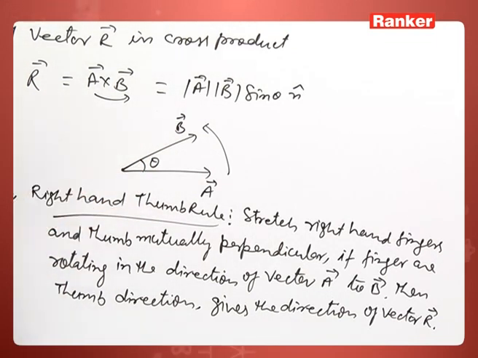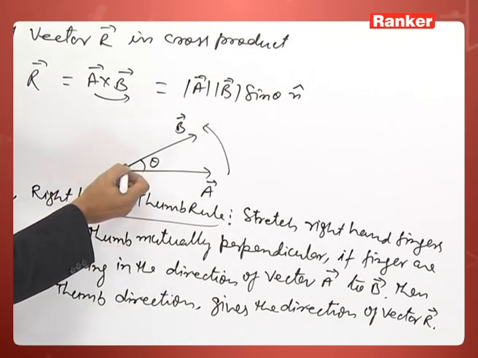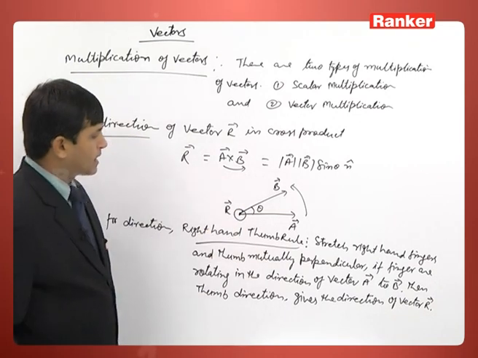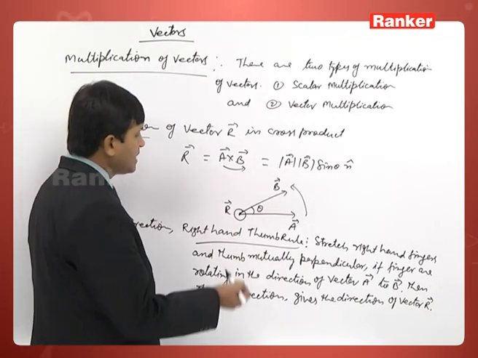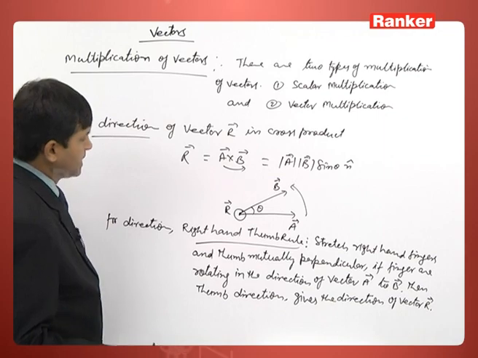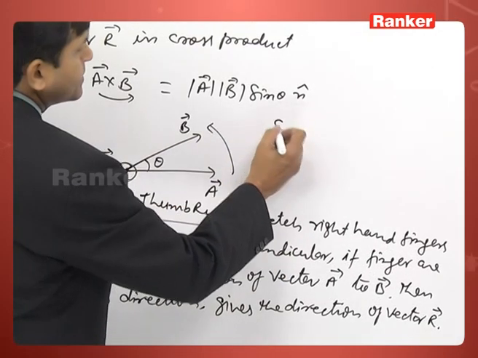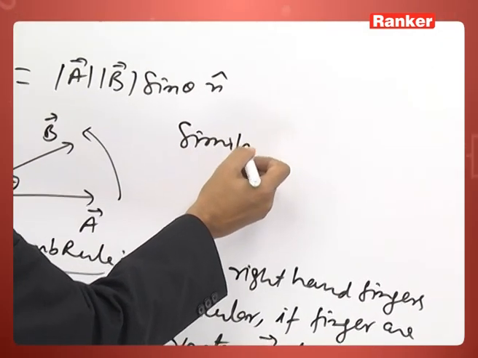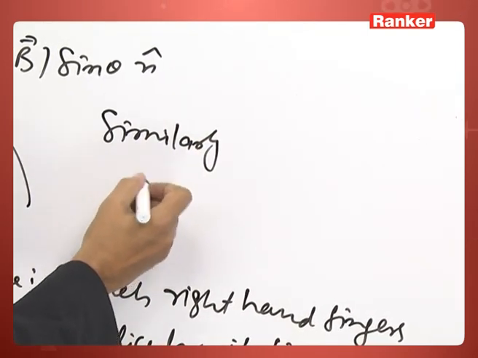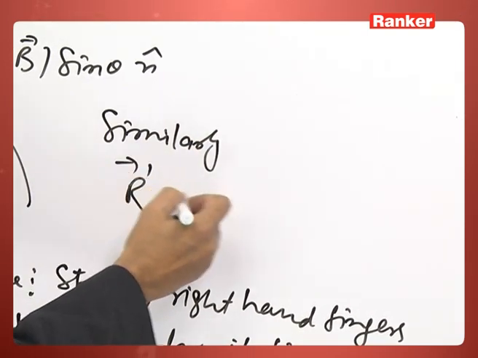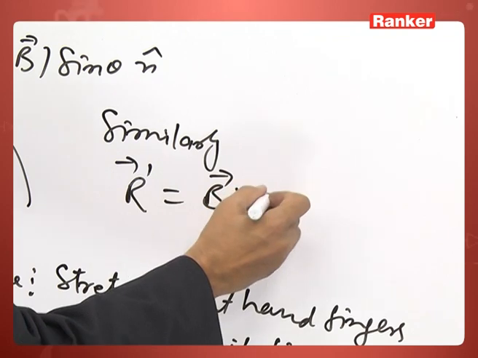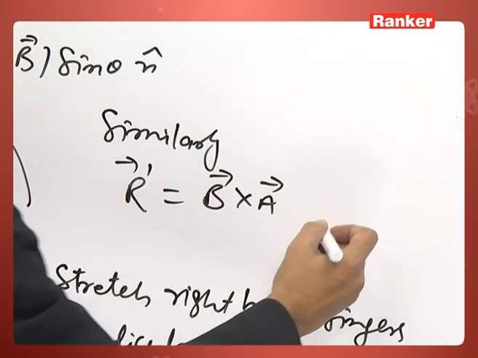So, that outward gives the direction of vector r. Here we can use a dot. Dot gives the direction of vector r. Similarly, suppose we want B cross A. Let r dash be another vector which is B cross A. Our A and B are in the same direction.